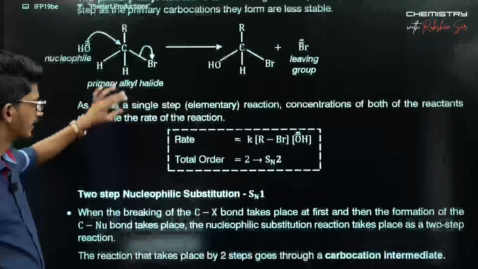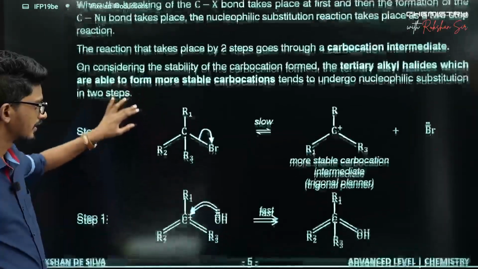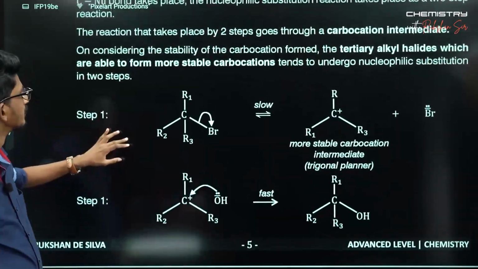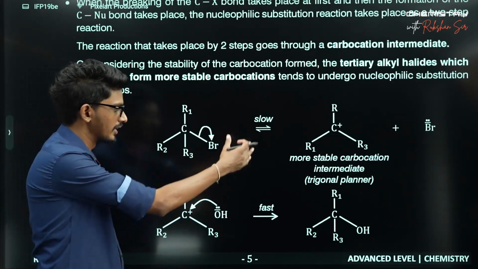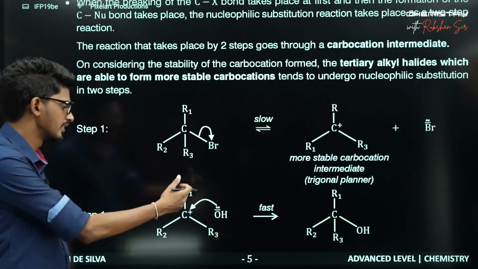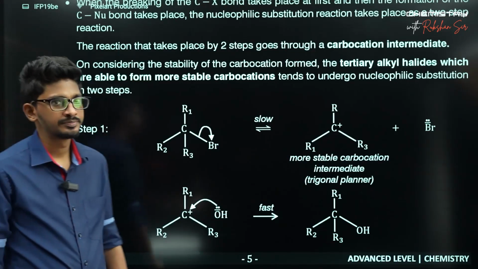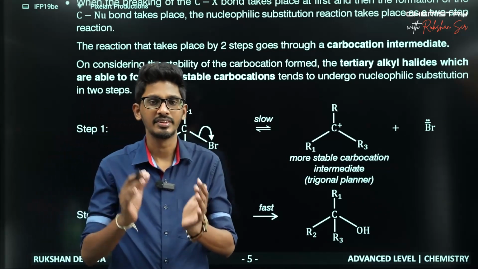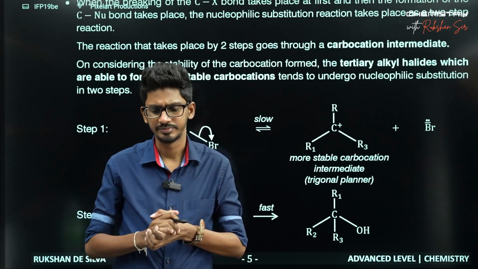And the tertiary alkyl halides undergo nucleophilic substitutions with the two-step mechanism, like this. First the carbocation is formed and then the nucleophile will attack, right? Then what about the secondary alkyl halides? What happens to the secondary alkyl halides? Let's discuss that.